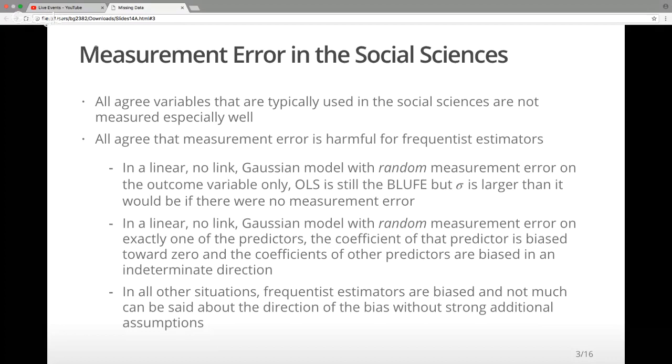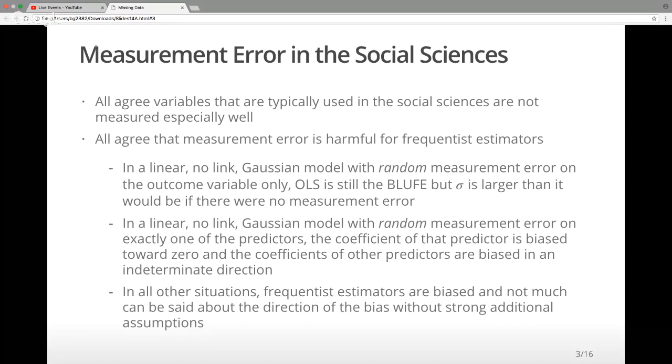And so basically, you can read entire issues of journals in the social sciences and not see anything about measurement error or the consequences, and not even a defense that, oh, in this one case, the variables actually are measured really, really well. They don't even bother to say that.